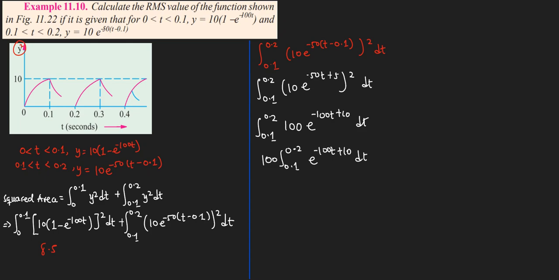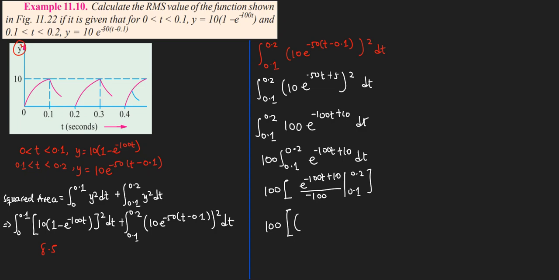So let's integrate this. When I integrate this, you're going to have e to the power minus 100t plus 10 divided by minus 100, and then we're integrating this over 0.1 to 0.2. Okay, so let's simplify this and see what you are going to get.